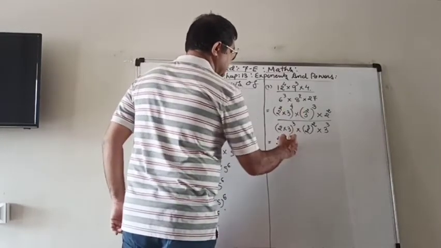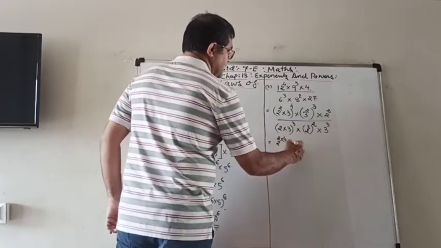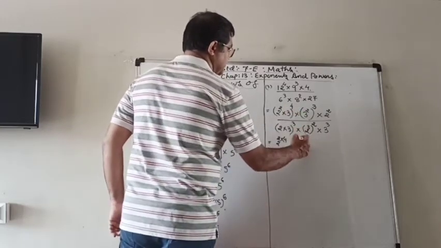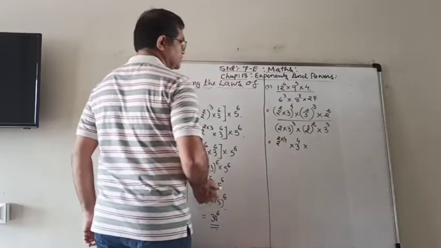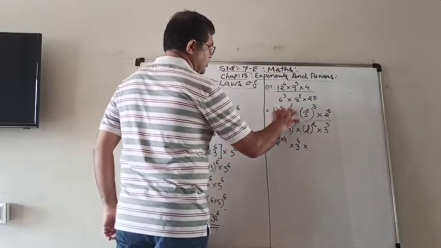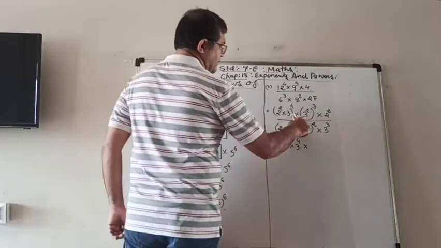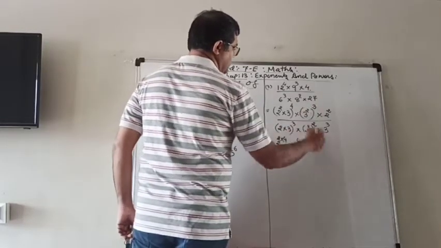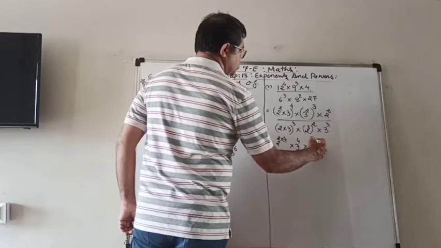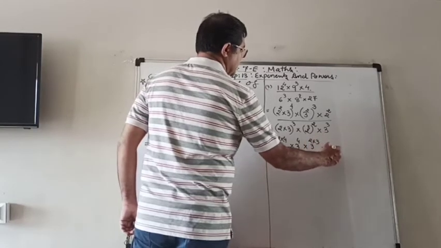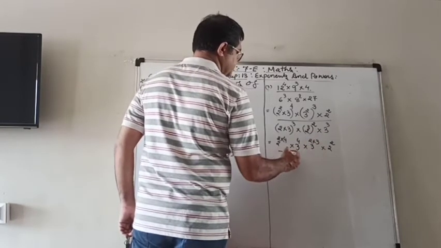but it will also get the power 4. Multiplied by 3 also will get power 4. Here it will be power of power, so we can write down direct the multiplication. Multiply by here also you can see that power of power. So 3 raised to 2 multiplied by 3 and 2 square.